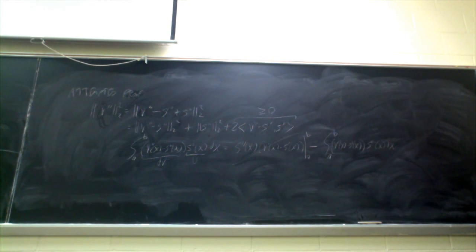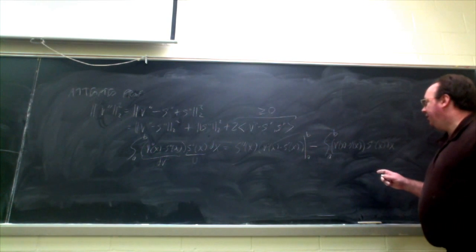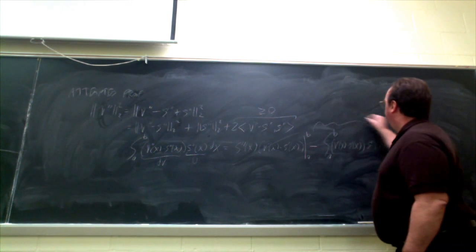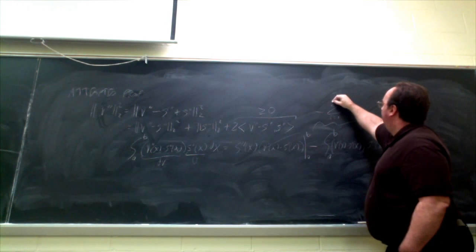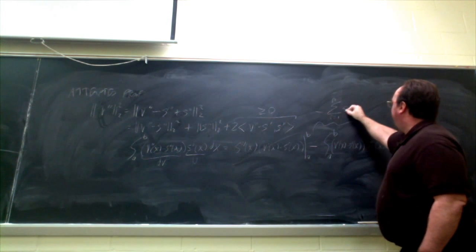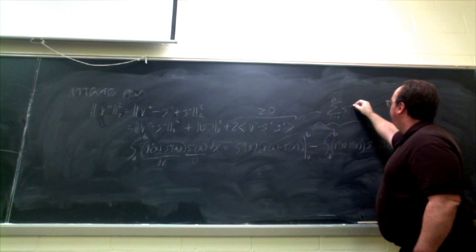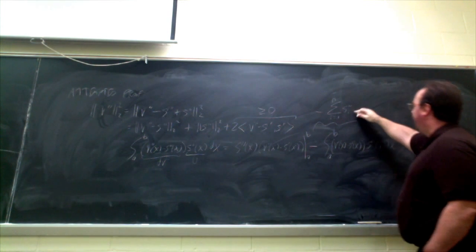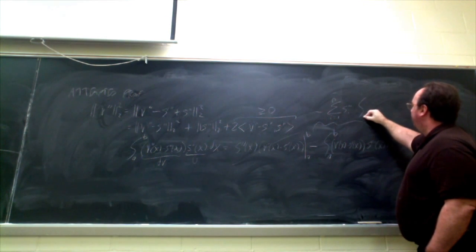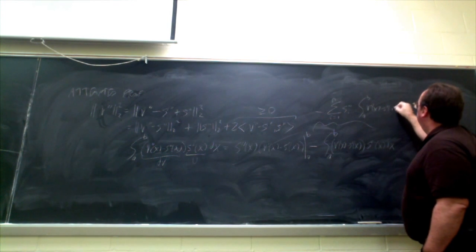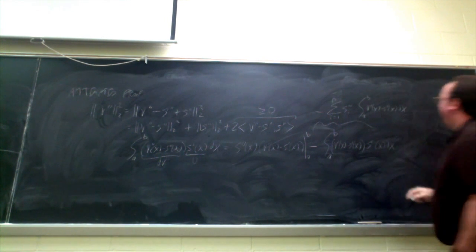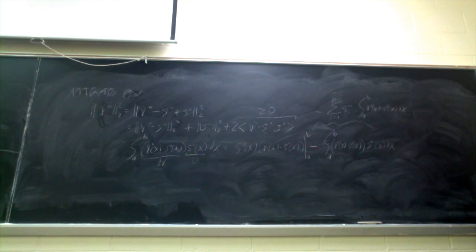So what I could do is write this as a sum, and now I have S_i triple prime, which is just a constant, times integral of V prime minus S prime. Okay. So what can I do now that makes this a whole lot easier?